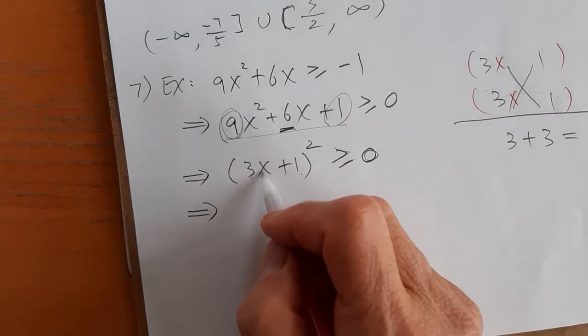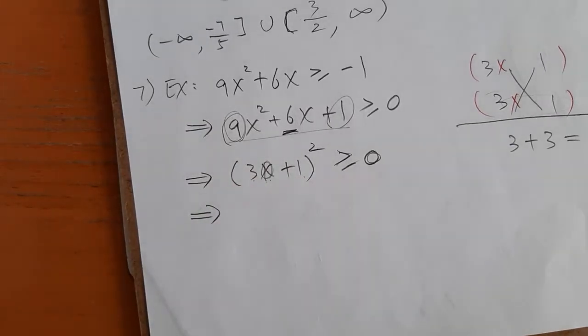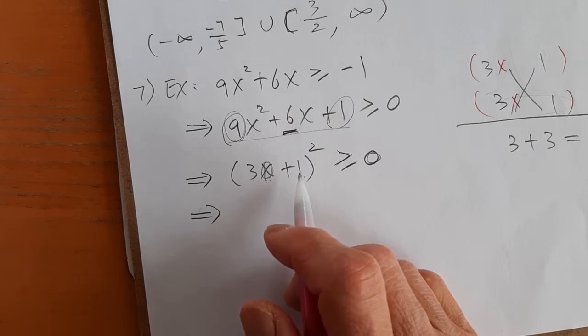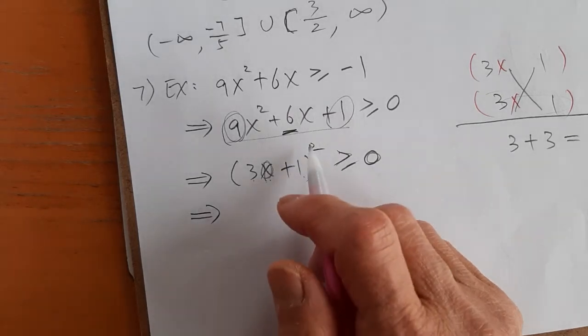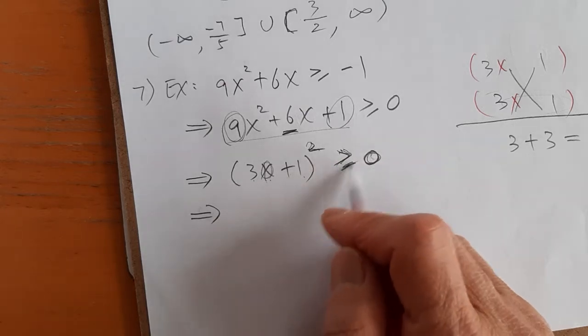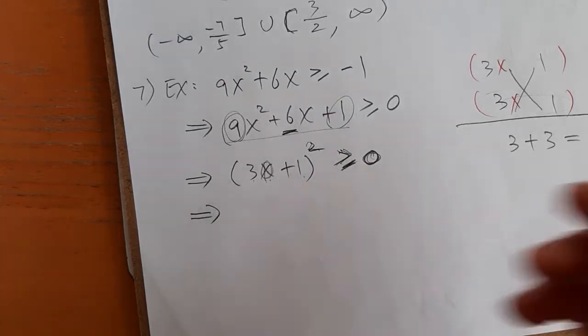So therefore, you can substitute any real number for x, times 3, add 1. The result is 0, positive or negative. After squaring it is always positive, greater than 0, or the minimum is 0, but never negative.